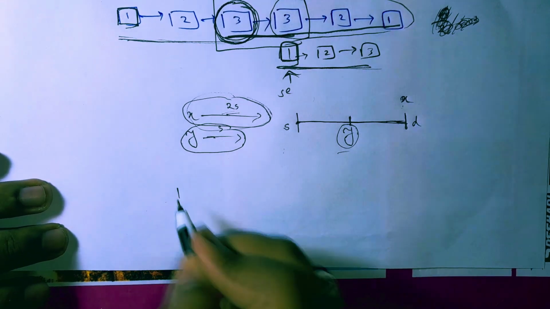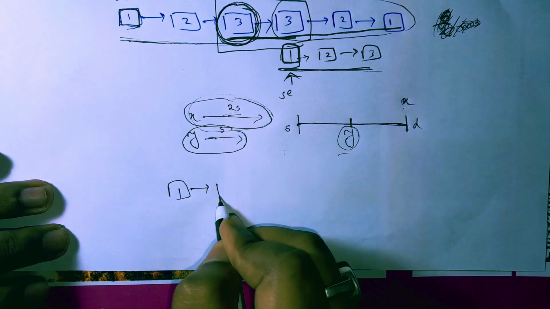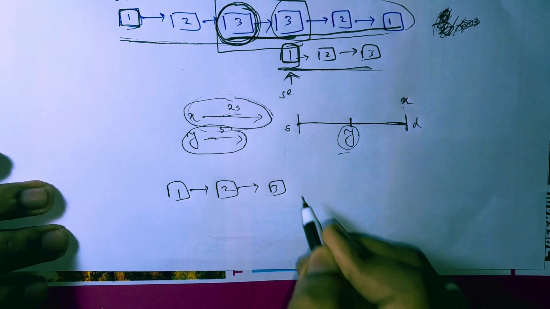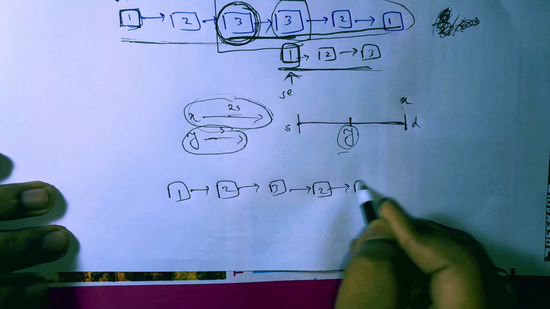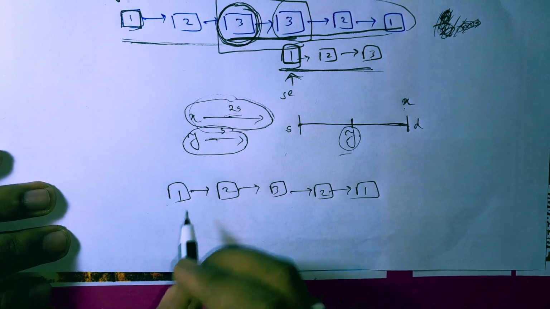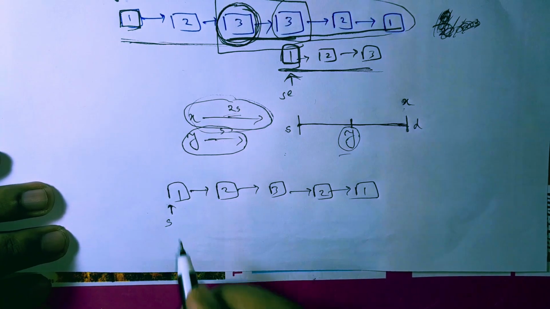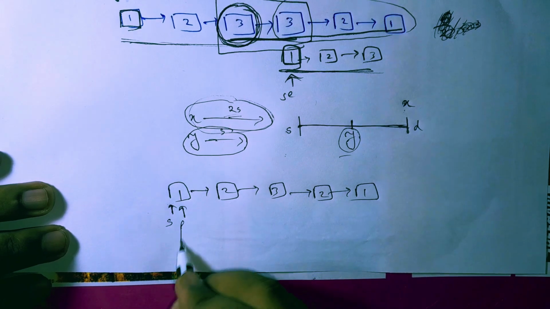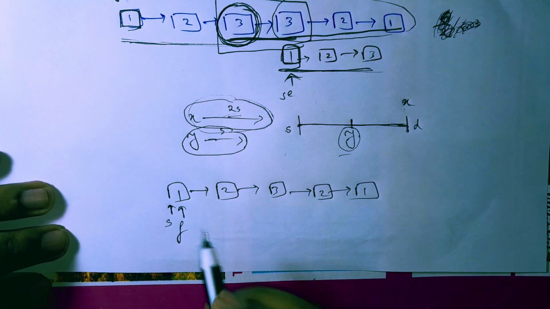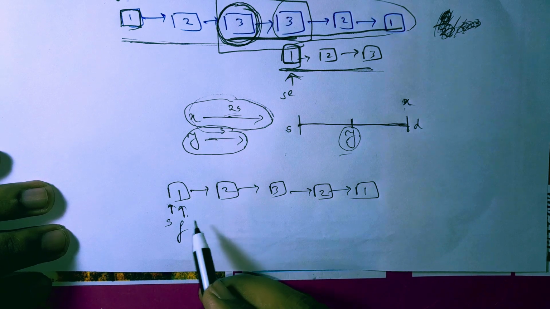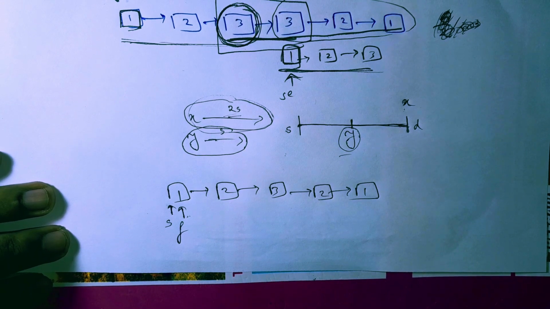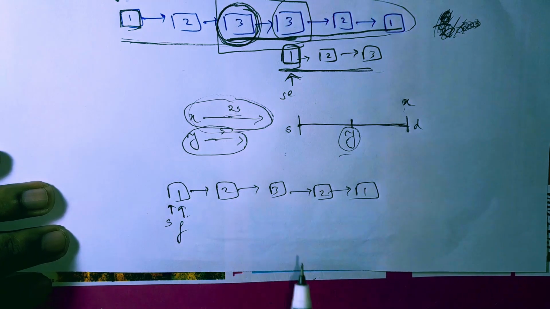Suppose in this example 1, 2, 3, 2 and 1, my slow pointer starts from 1 and my fast pointer also starts from 1.